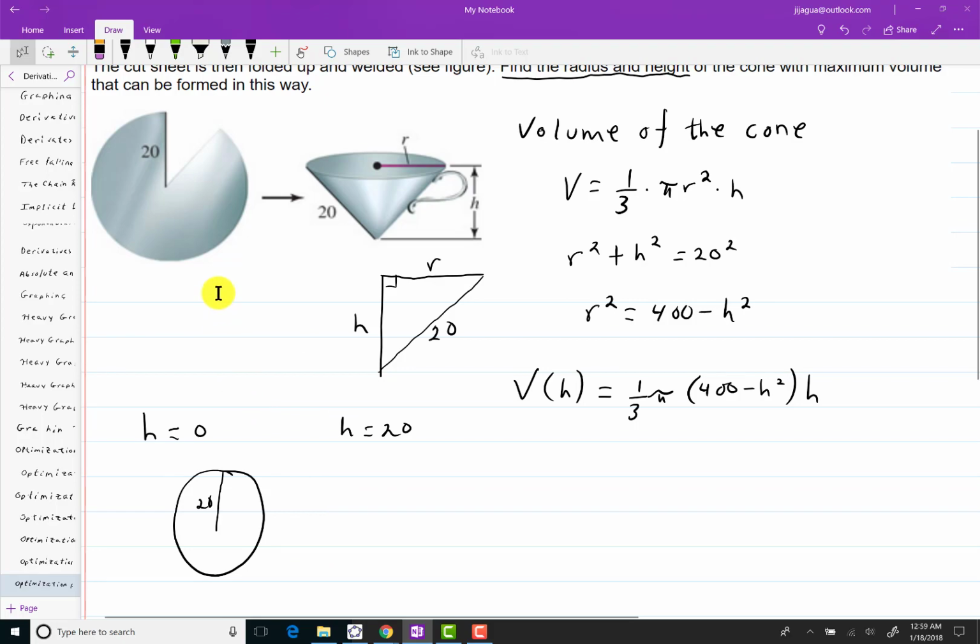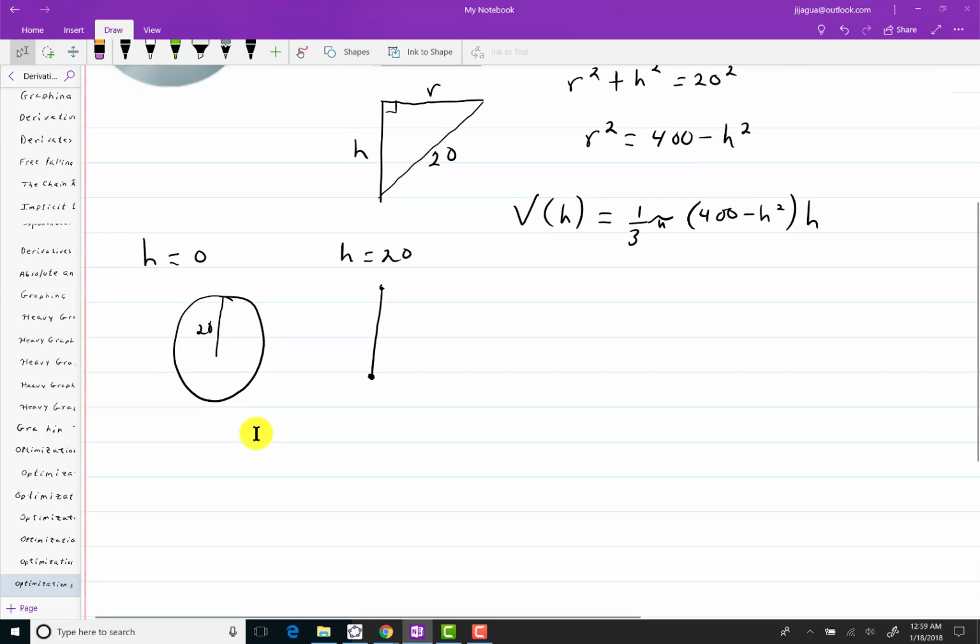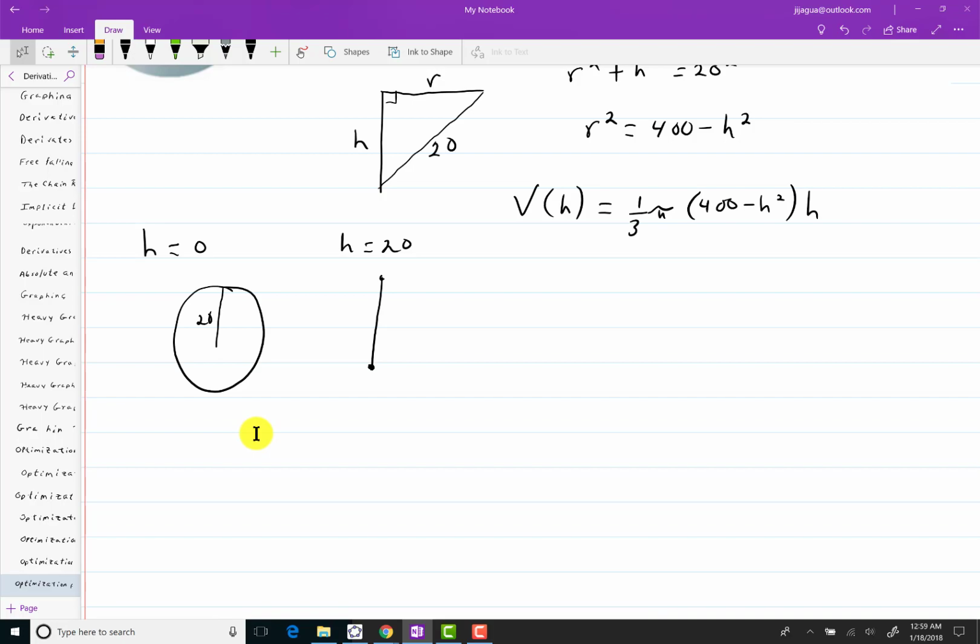The height is 20, which means you'd have just a thin line, it wouldn't even be a cylinder. These are the extreme cases, and they both represent a volume of 0. So whatever I find is going to be the answer. Notice that 0 is less than or equal to h, which is less than or equal to 20.